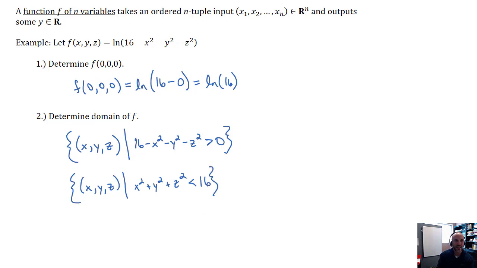And what does that mean geometrically? What that's telling us is that x squared plus y squared plus z squared, in 3 dimensions, so our domain comes from R3 instead of R2 like before, is a sphere of radius 4. It's kind of hard to draw, so I'll just kind of fake it here.